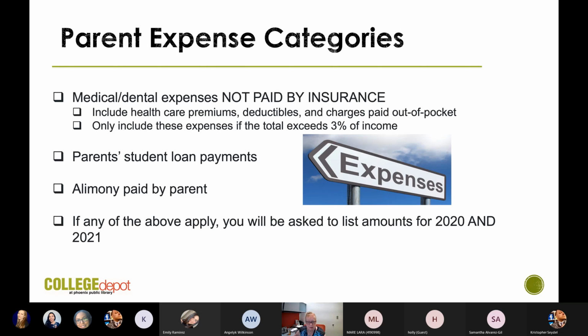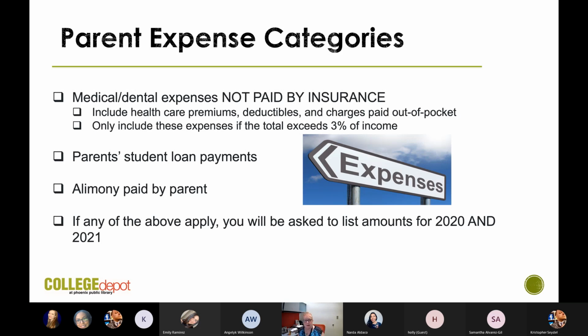What about if I'm a parent and I had student loan payments? You probably didn't repay anything in 2020 or 21 because there has been a pause on student loan payments. And so if that is true, you did not have a repayment amount.